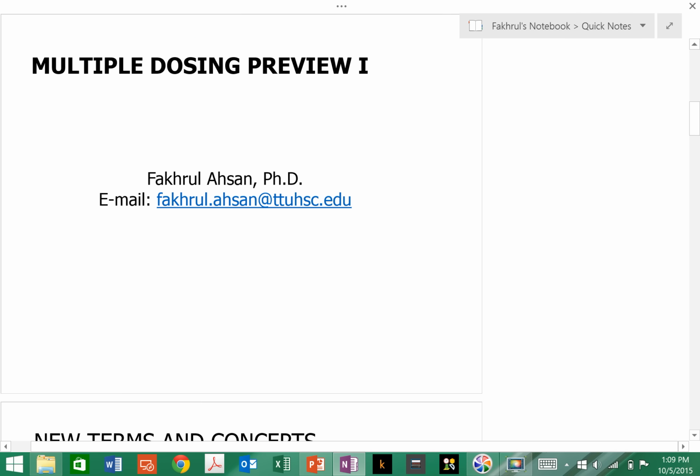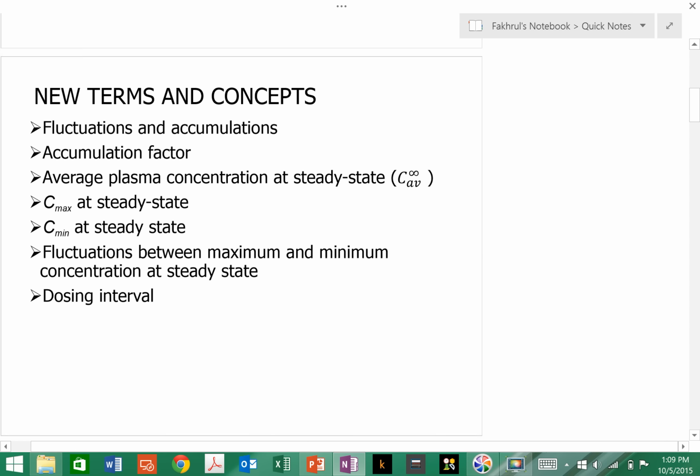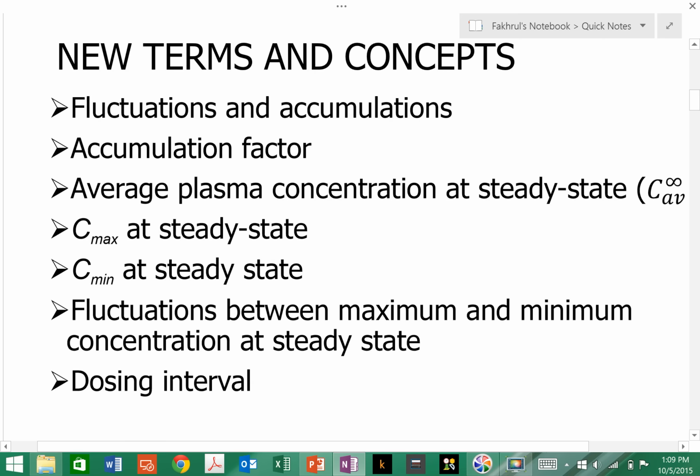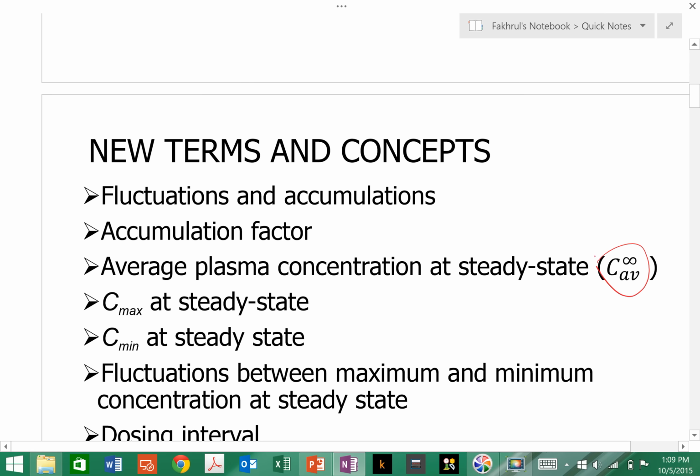First, some of the terms we have to remember. Some of the terms you will know. Sometimes it's called fluctuation and accumulation. We'll know about accumulation factor. We'll know about average plasma concentration, which is very similar to what you have seen, like CSS.